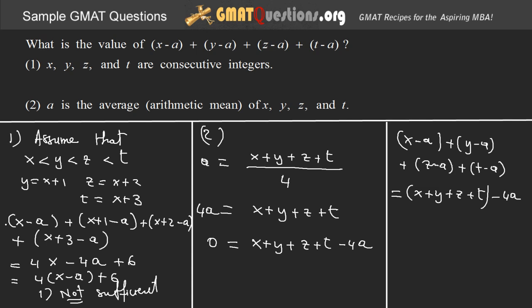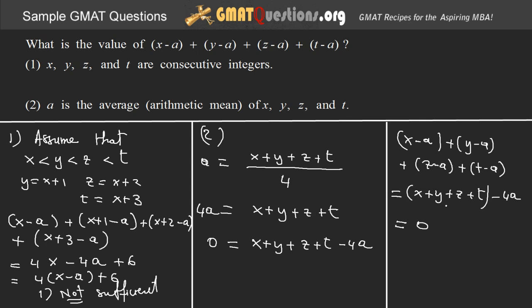So we have solved the question. Using number 2, we have demonstrated that x plus y plus z plus t minus 4a is equal to 0. I put 0 on the left side; you could have put it on the right side. But this is true, which means that the original expression we are given is actually equal to 0.